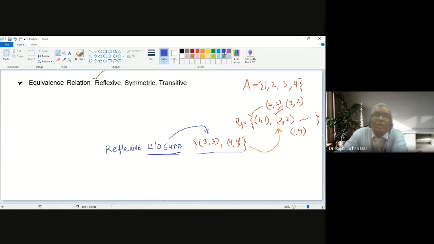So what can you call the symmetric closure? What will be the symmetric closure of R1?